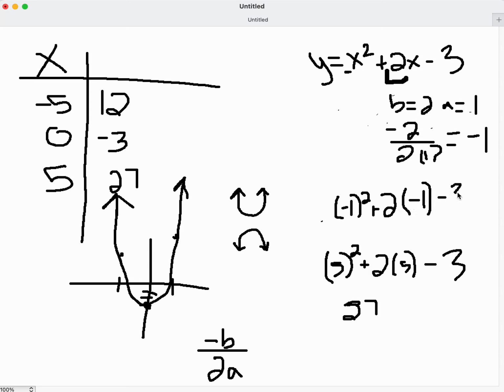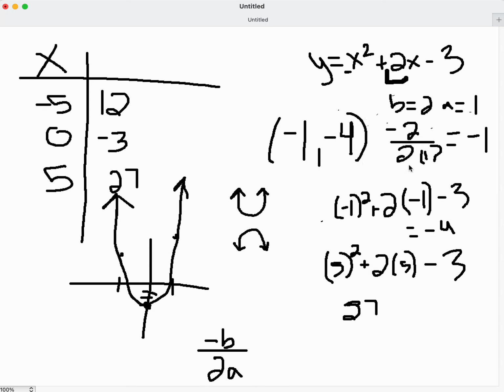Again, I'm using a scientific calculator to simplify this, and that gives me -4. So the vertex is at -1, -4.